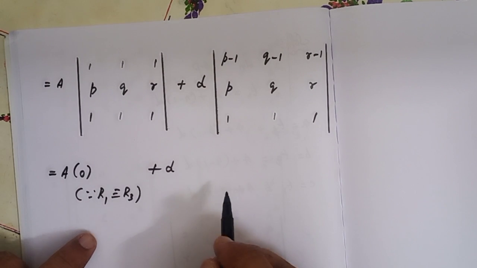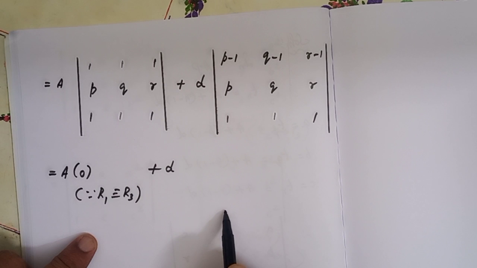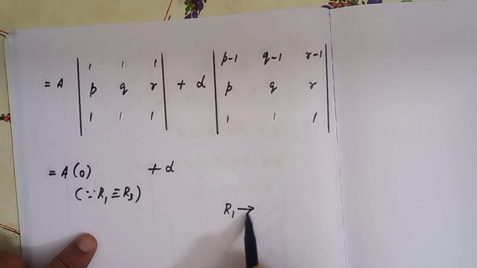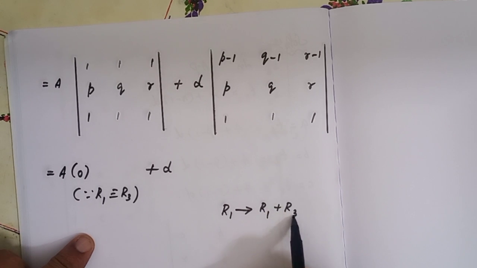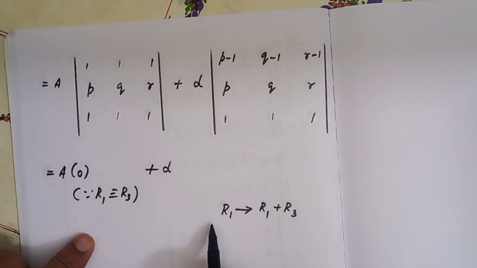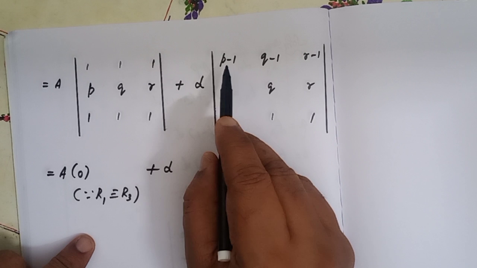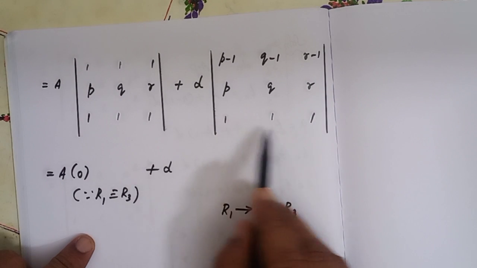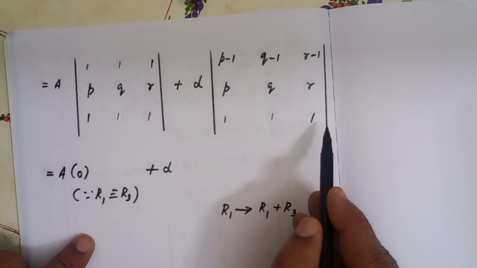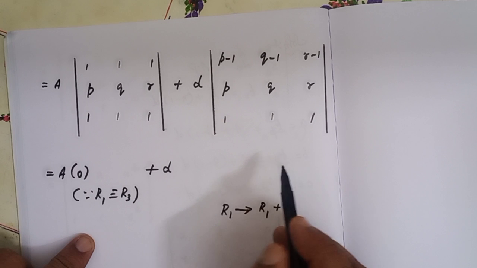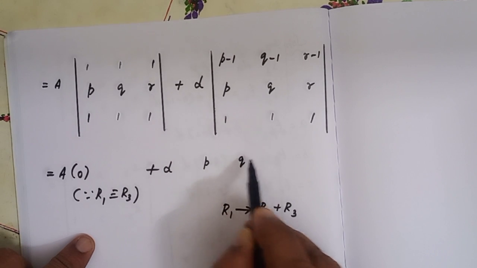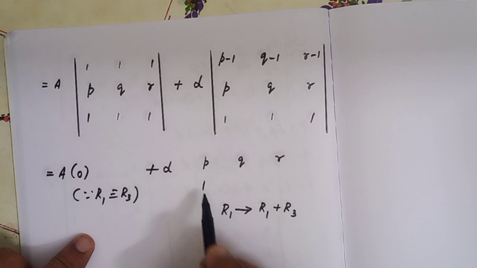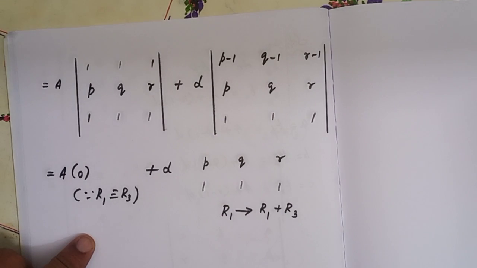Now I am going for the transformation: I am changing R1. R1 becomes R1 plus R3. I am adding R1 and R3 and writing in R1. No change in R2 and R3, write them as it is: R2 is p, q, r and R3 is 1, 1, 1.